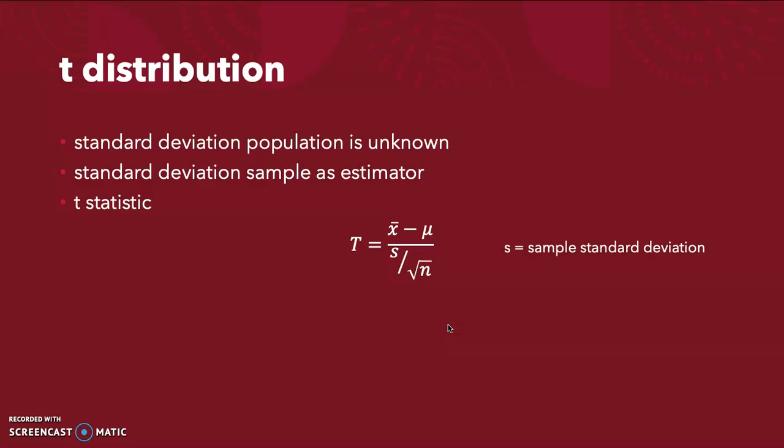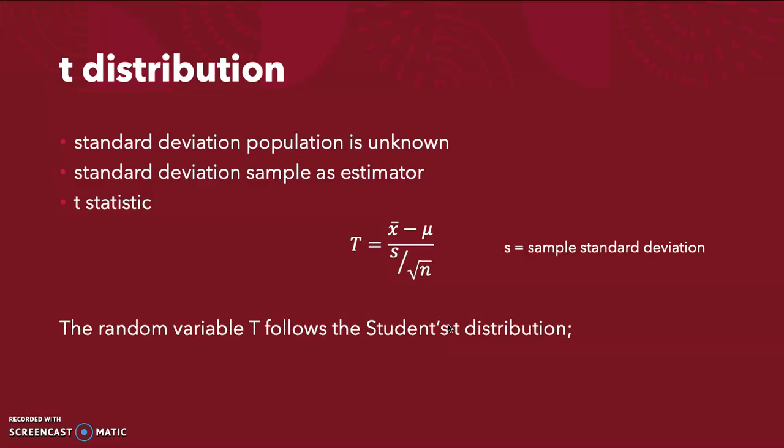X bar is the sample mean, mu is the population mean, and n is the number of samples. The random variable t follows the student t-distribution, or more commonly known as the t-distribution, with n-1 degrees of freedom, or in short, df.